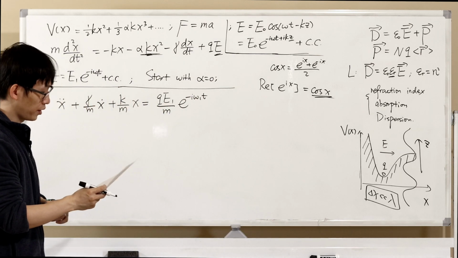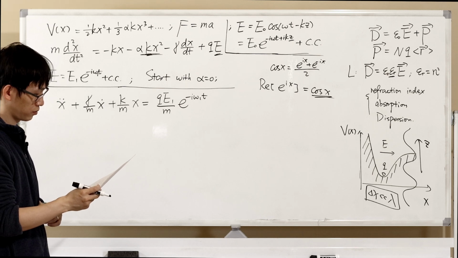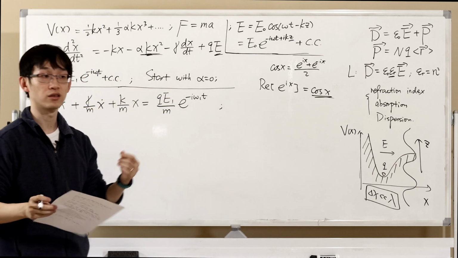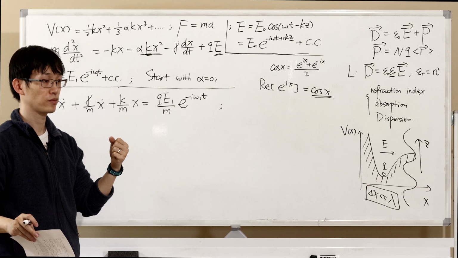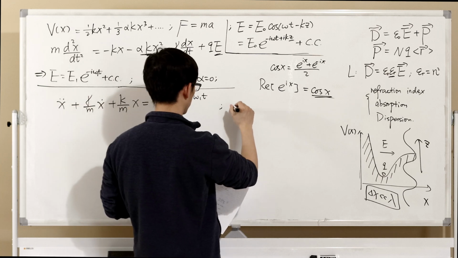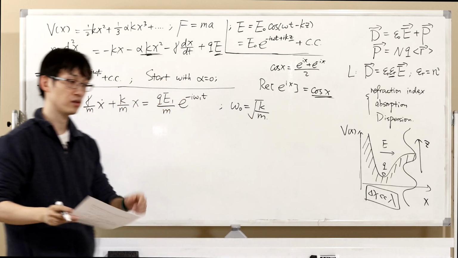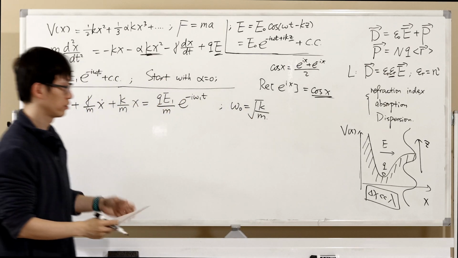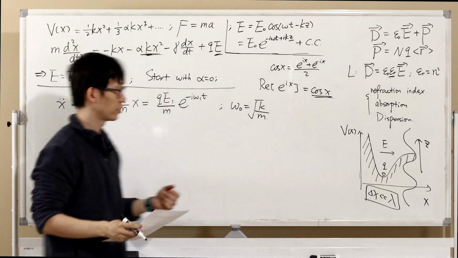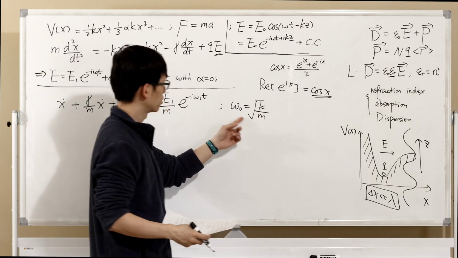One thing we want to notice here is that for a harmonic oscillator, there's an intrinsic oscillation frequency, right? You see, the equation here has an intrinsic frequency. What it means is that if you displace your harmonic oscillator and let go, it starts to oscillate at this frequency. It's just like your violin, just like your guitar.